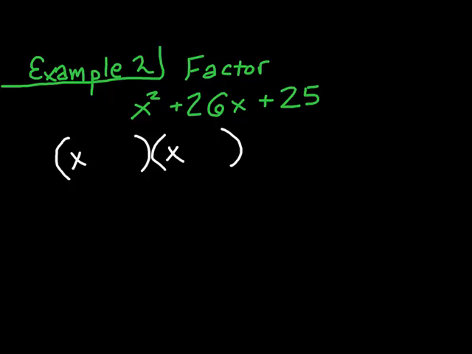Okay, guys, so step 2, I'm going to draw out that x. Looks like we've got room over here. And I'm going to put positive 25 at the top of my x. And I'm going to put 26 down here at the bottom. And remember, guys, we're trying to find what multiplies out to 25 and what adds up to 26.